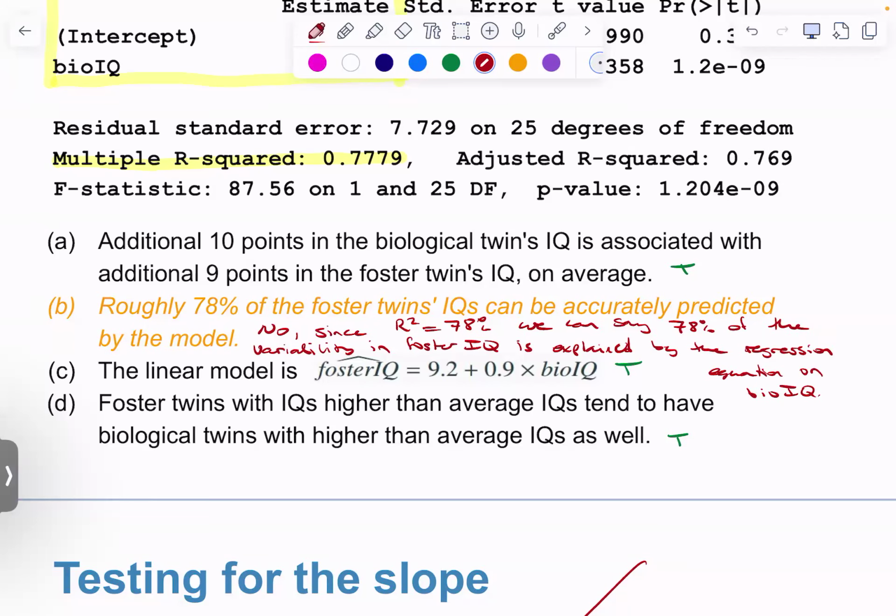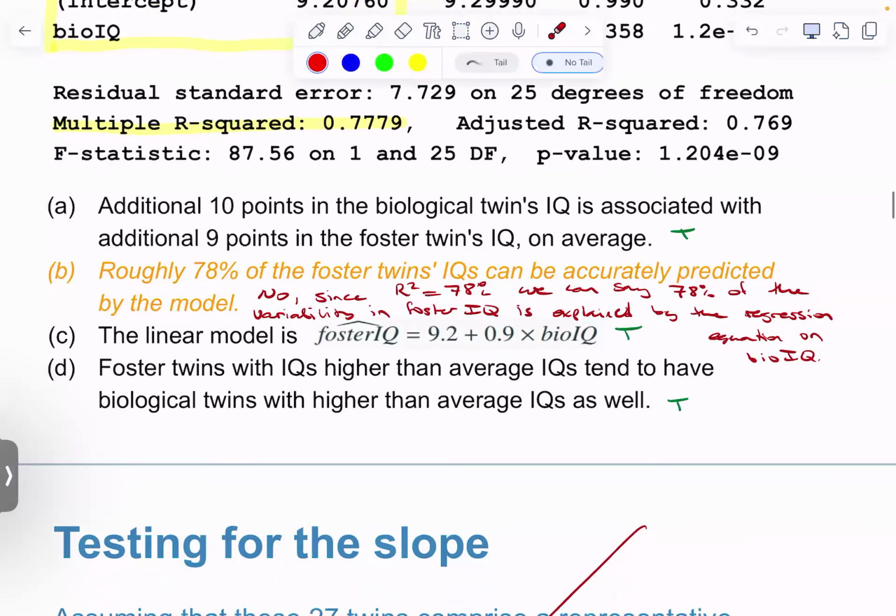Accurately predicted by the model? No. We're talking about how much of that variability is being captured by this model. The remaining percentage is outside factors, not related to the bio IQ.